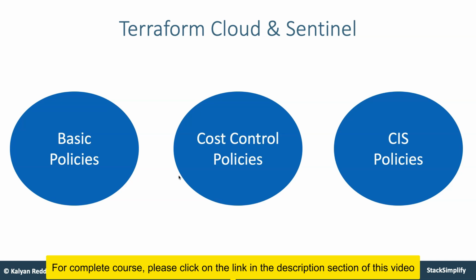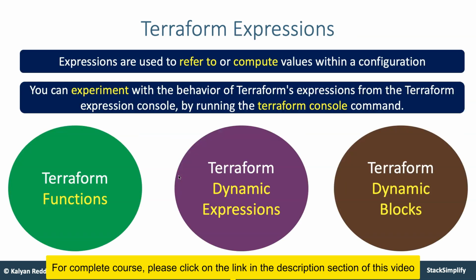You will build basic policies, cost control policies, and finally the latest 3rd generation Center for Internet Security policies, which Terraform is now recommending as the foundational policies. You are also going to learn and implement them. So with Terraform Cloud and Sentinel, you are going to implement 3 use cases.